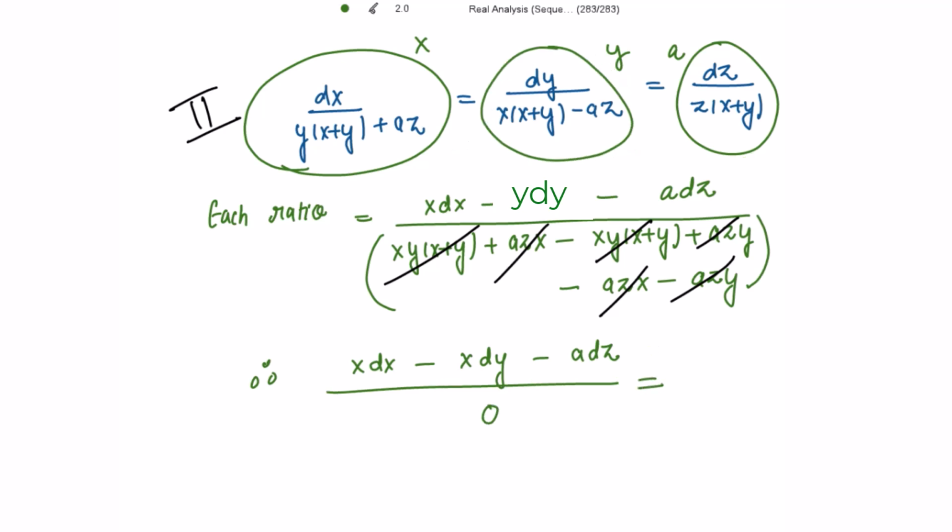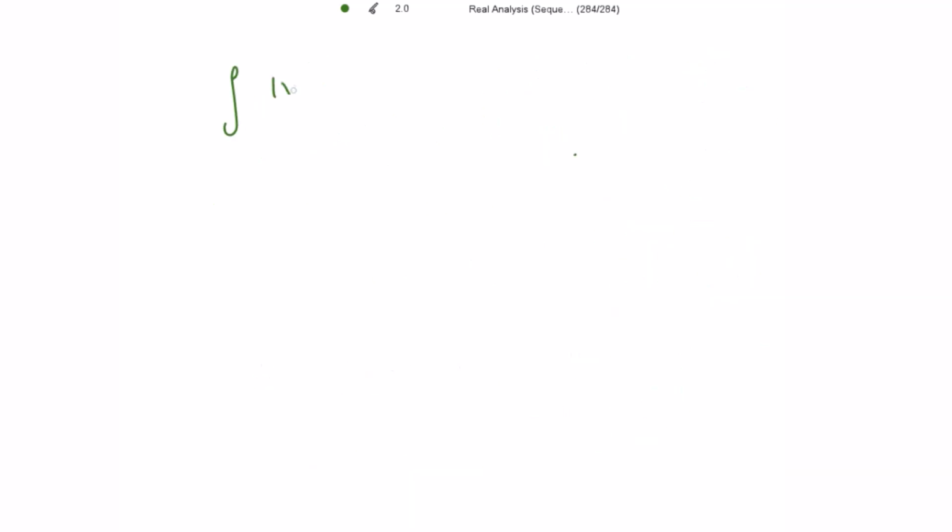And if you equate this ratio to any of these ratios, you will then get x dx minus y dy minus a dz equal to 0. On integrating, if I integrate 0 with any variable, I will get a constant. Let me write this as C2.